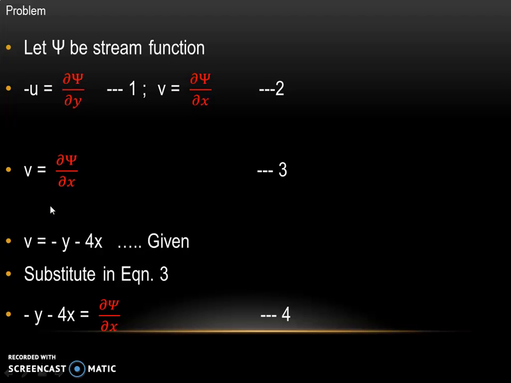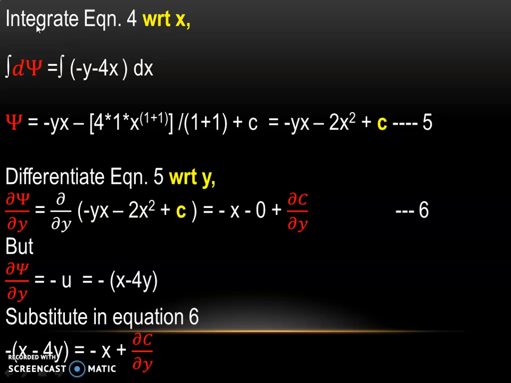So earlier we used the expression for u, but to find the expression for psi, we will use v is equal to ∂psi/∂x, because the denominator is ∂x here. The equation for v is given as minus y minus 4x. So substitute this in equation number 3 on the left hand side, and ∂psi/∂x is written as it is. Let this be equation number 4. Now integrate equation 4 with respect to x.